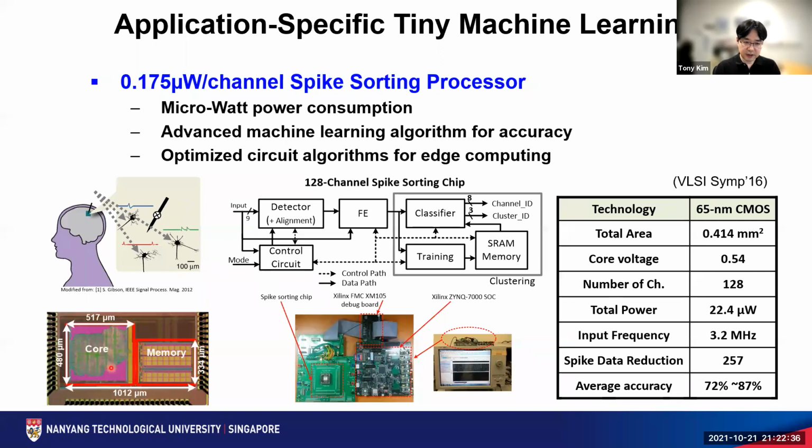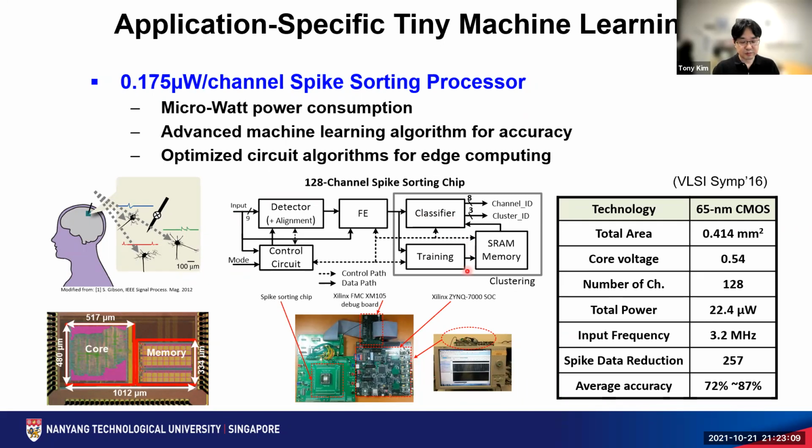This spike sorting processor can actually identify the source of a brain spike generated at a given time. Okay, so to realize this, we have to come up with a novel hardware architecture, and then we have to implement all this hardware architecture in a very power efficient way. And then we also implemented a classifier using very compact and energy efficient algorithms.